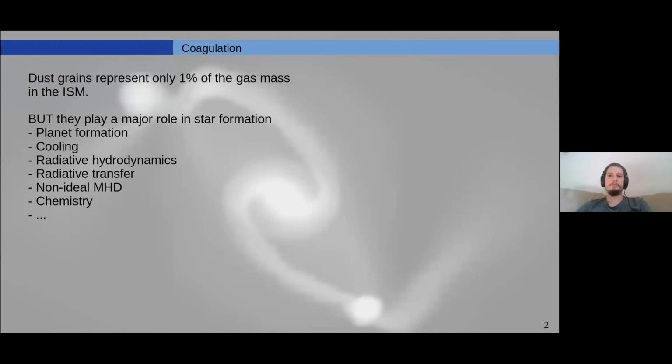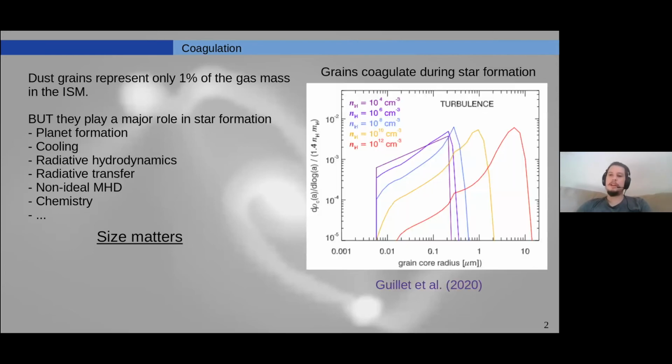And for each of those processes, their size really matters, because most of the time it's their surface area that's involved. And we know that during star formation, the grains coagulate, so they grow by sticking to each other.